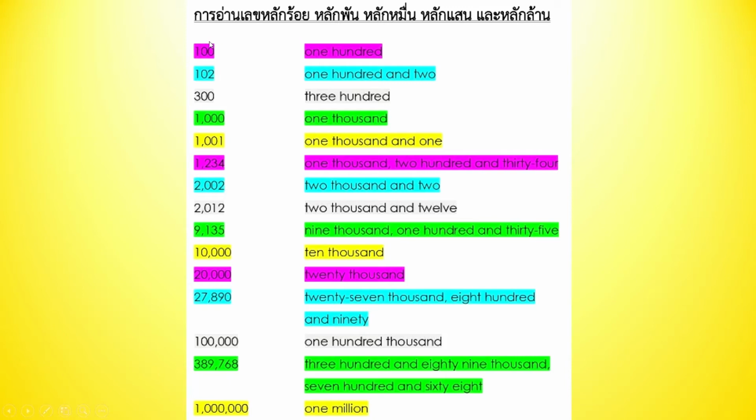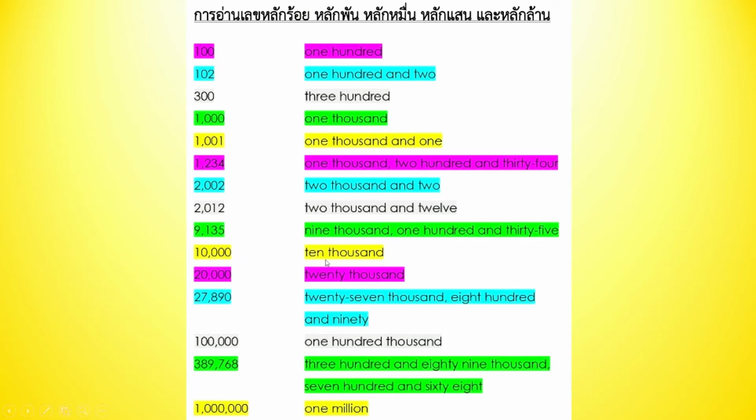For this number, in Thai we call หลักร้อย. In English we call 100. In Thai หลักพัน. In English, we call 1000. And this number, in Thai, we call หลักหมื่น.